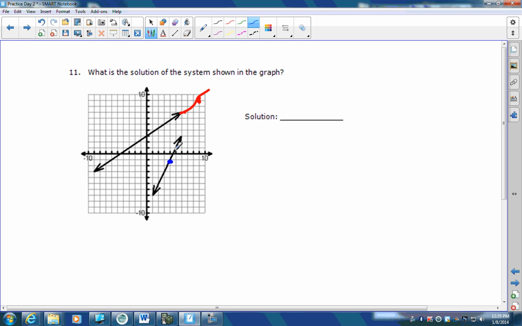Up 2 over 1. Up 2 over 1. Up 2 over... ding, ding, ding. What is that? That's 9. There we go, (9, 9). So all you have to do is continue your lines and find where they intersect.